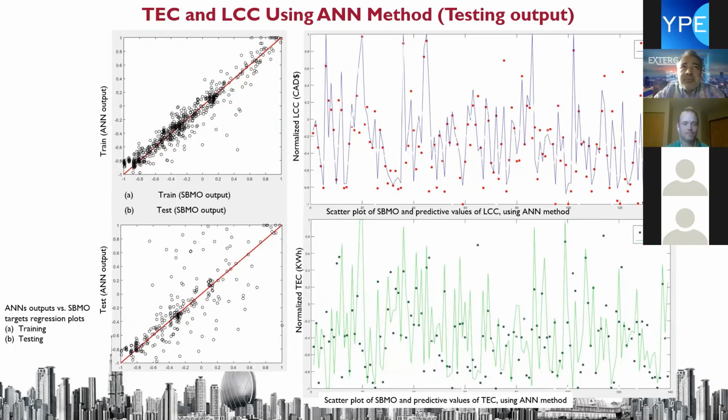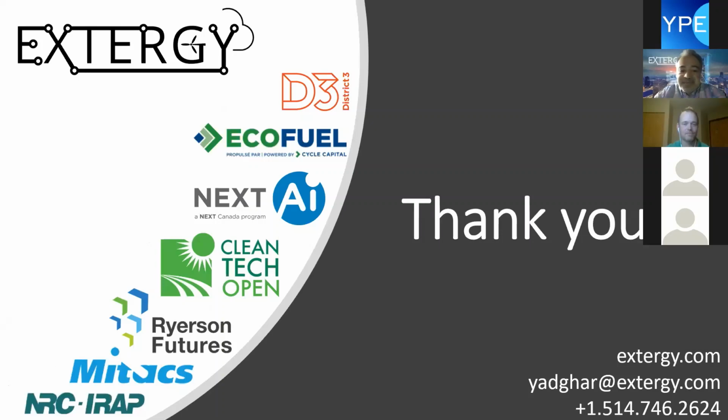You can see the model can provide a very good regression, and that's why we have very good accuracy in these outputs. And yeah, that's it. Thank you. Thank you so much.